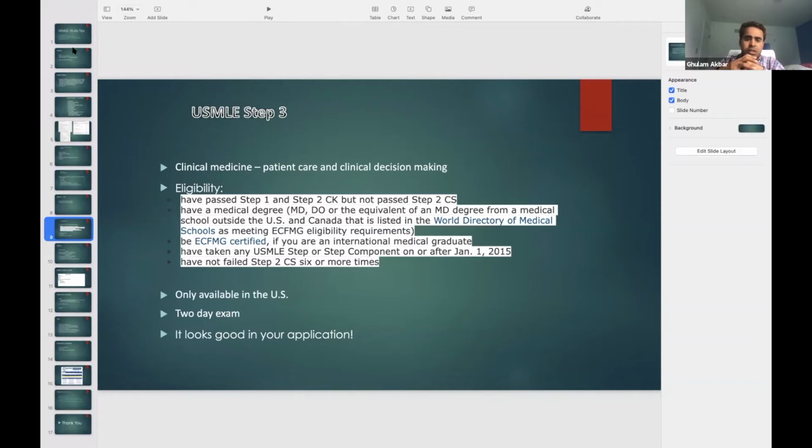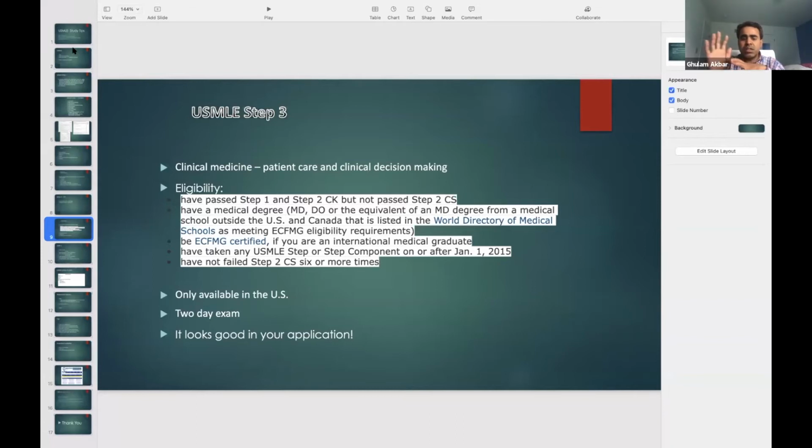And this is the criteria that you could read as eligibility. It has a little change based on the current scenario. Previously, as you know, you would have to take Step 1, Step 2 CK, Step 2 CS as clinical skill, be ECFMG certified, then be eligible to take Step 3.